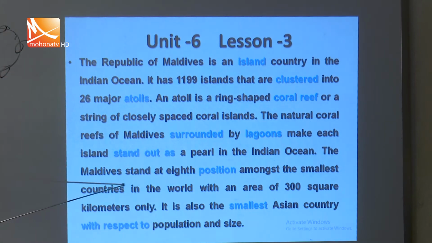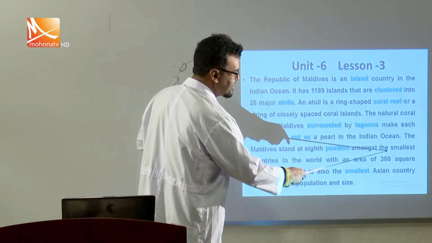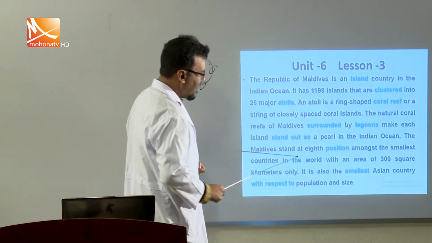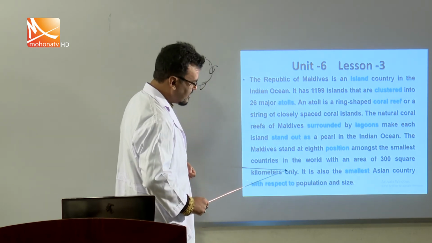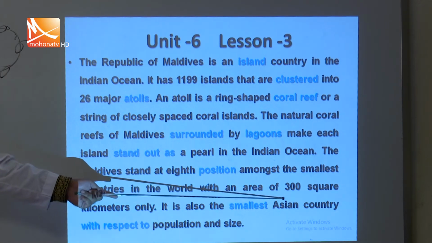And the Maldives stand at 8th position amongst the smallest countries in the world, with an area of 300 square kilometers only. Okay. So there may be a question, what is the area of Maldives? Then you will scan and find the information here.